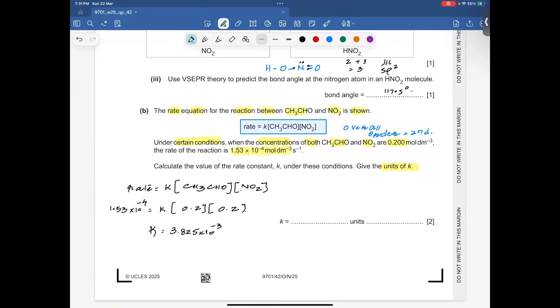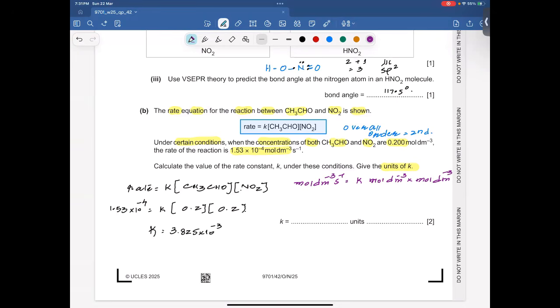By the way, rate has a unit of mole per dm cube per second. We need to find the unit of K. Now ethanol has a unit of mole per dm cube. NO2 has a unit of mole per dm cube.